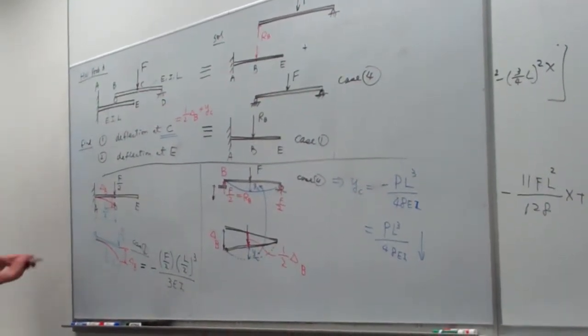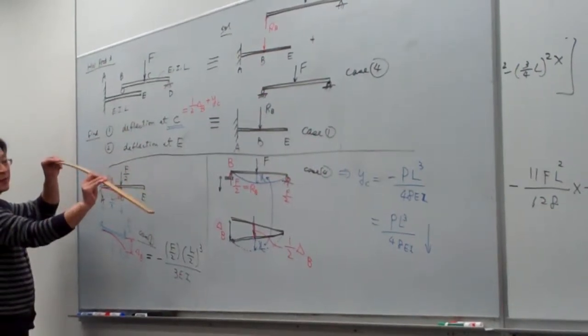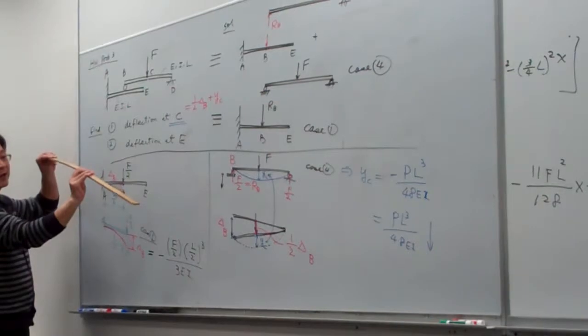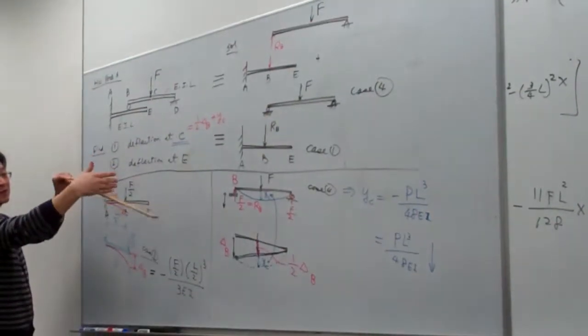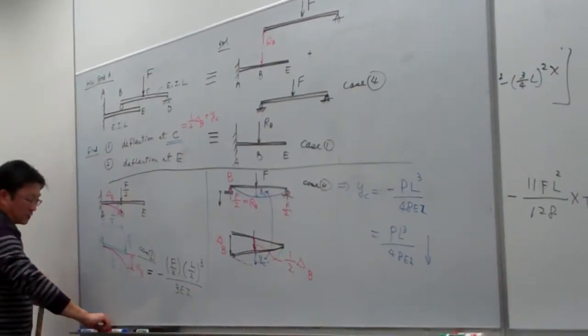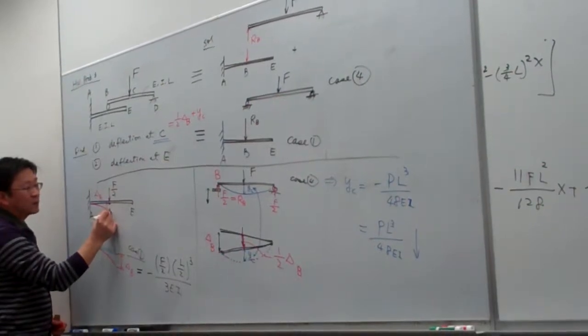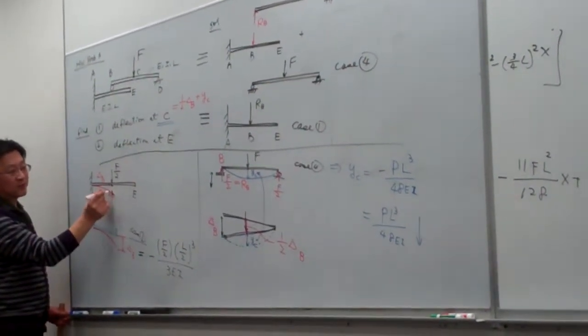For this case, we apply the loading at the middle and this clamp. So right now bending is like this. You can see this part remains a straight line, and the orientation of that straight line depends on the slope here. The tilt angle will be the same as the slope.